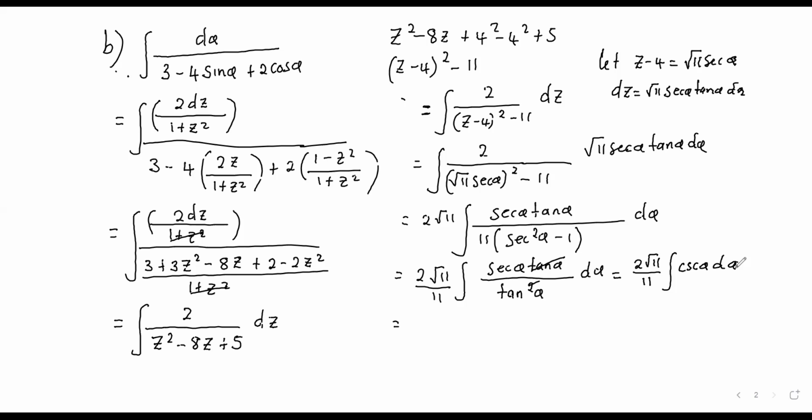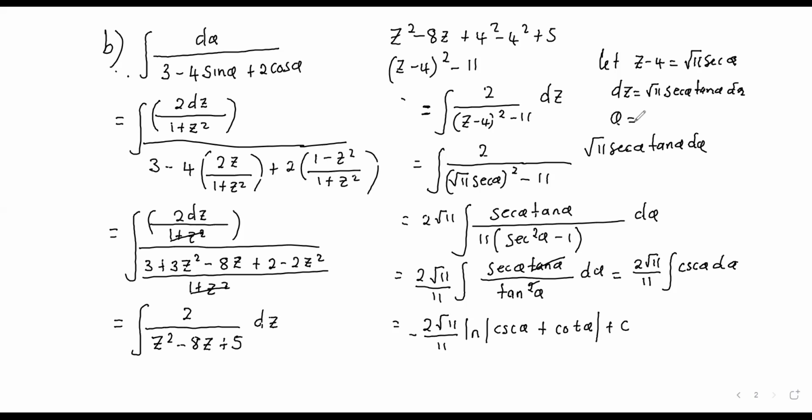Integral of cosec is negative ln cosec theta plus cot theta plus c. Then you get back and check what was our theta.